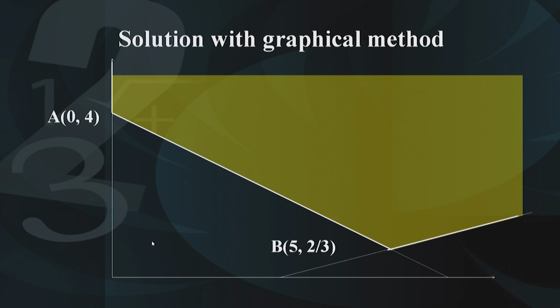Now, as you will see, this feasible region is unbounded towards the right hand side and towards the upward direction. Now, the question is, what is the solution?